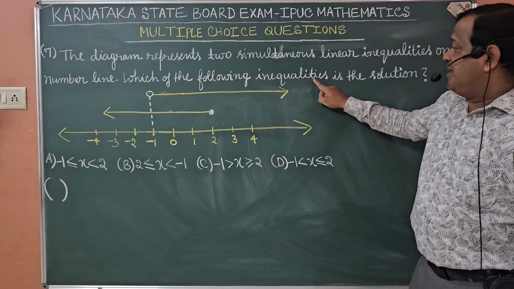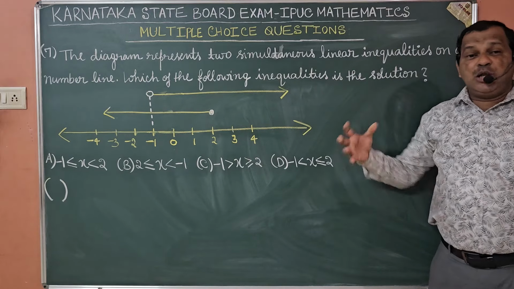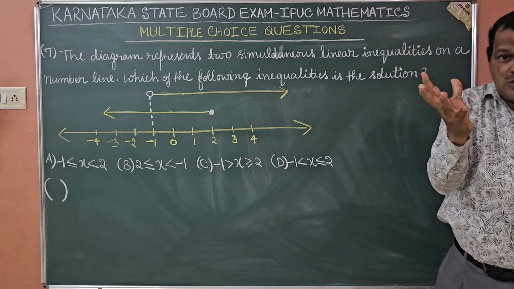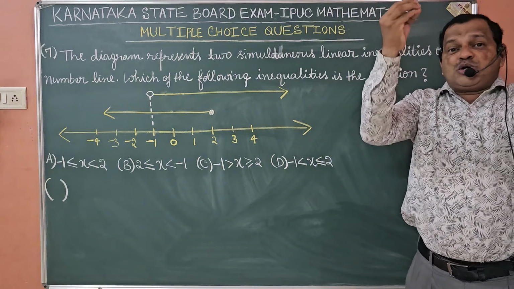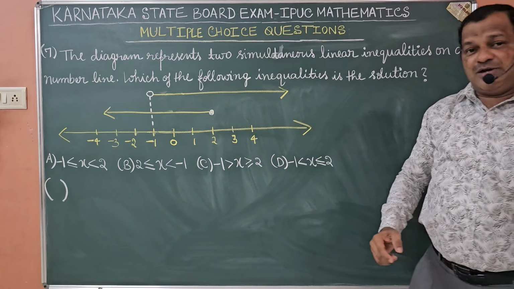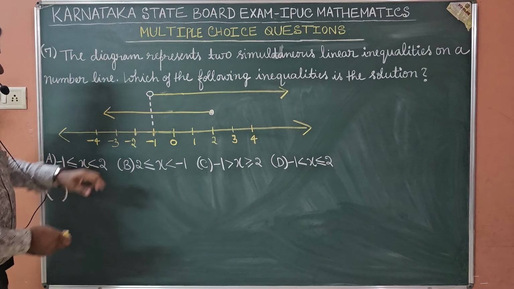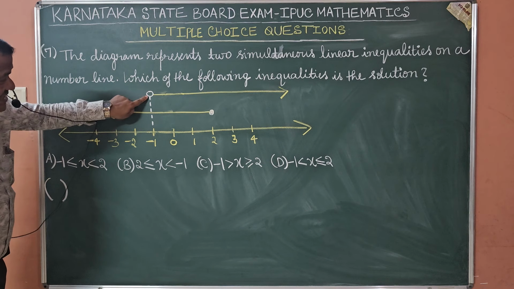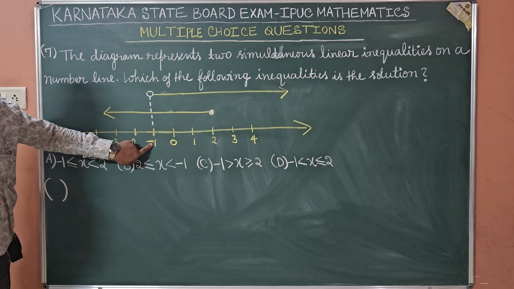Then which of the following inequalities is the solution? Meaning, combining the two linear inequalities, we should write one inequality mathematically. First, I would request you to kindly see this bubble exactly above the number minus 1.